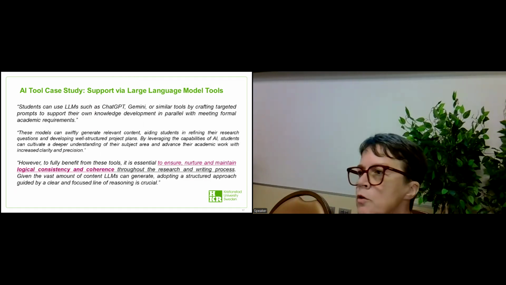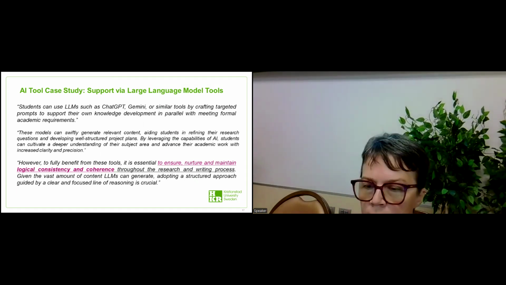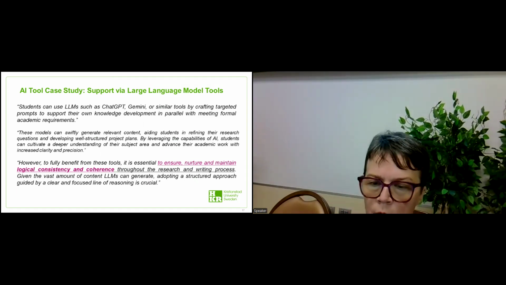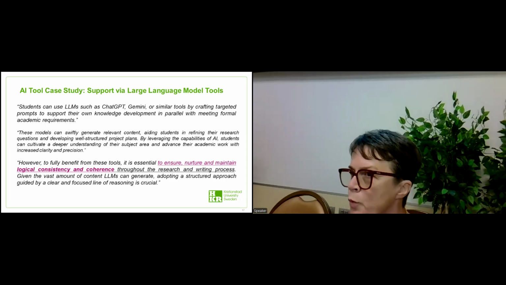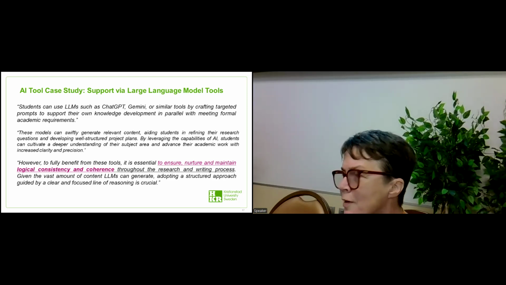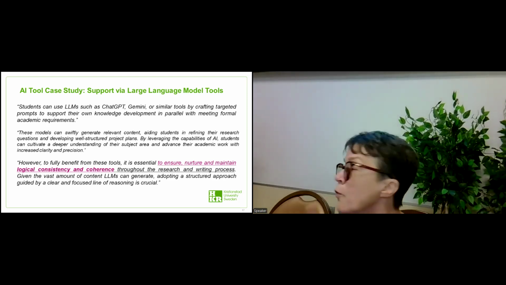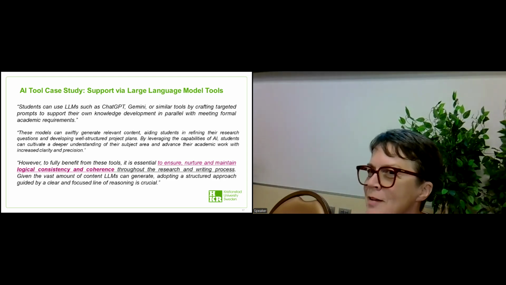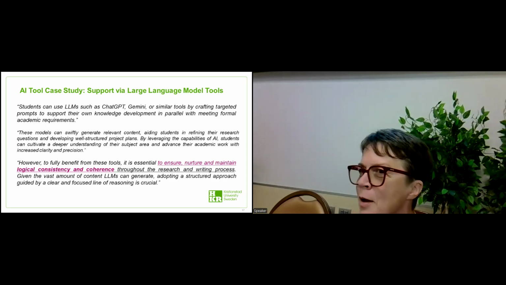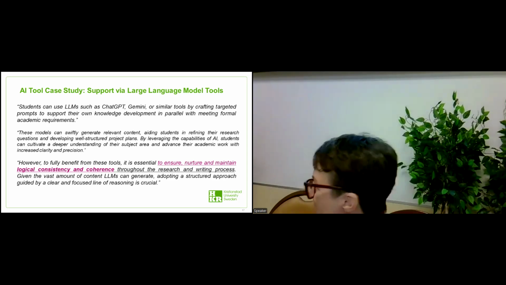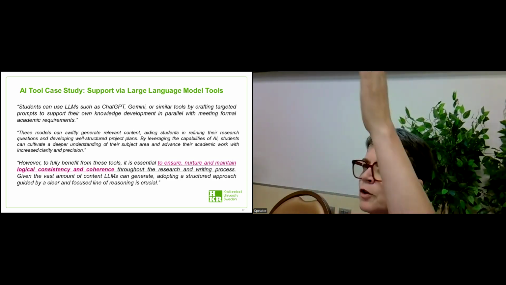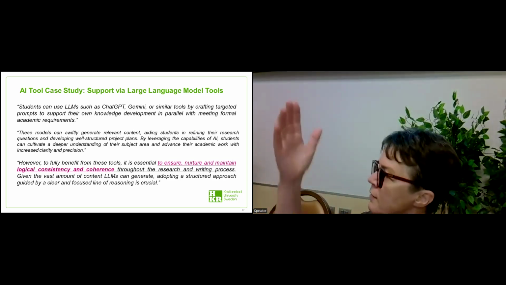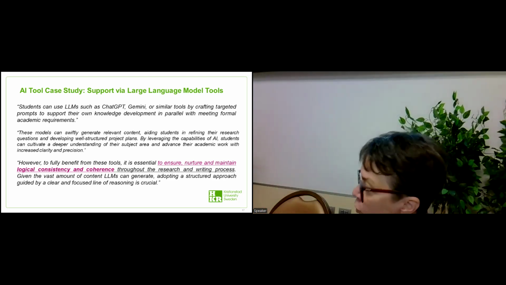But what is important to remember here is that we have to ensure, nurture and maintain logical consistency and coherence in the writing. What we understand when we go through all these theses is that we sniff it up, and we get quite good at noticing AI-generated content that maybe does not fit with the other parts, and we have to align the engineering part with the writing and the implementation of software.